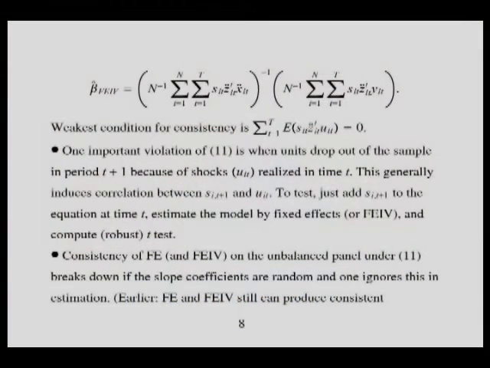And then if you do the simple algebra to get it in terms of the errors, you can see that the weakest condition for consistency is this right here. And again, it's not enough just to say that the Z_i's are uncorrelated with the U's. This notation, I suppose, is a bit misleading, because hidden in this double-dotted Z_it is a function of the instruments in all time periods.